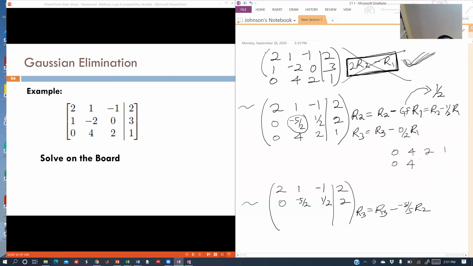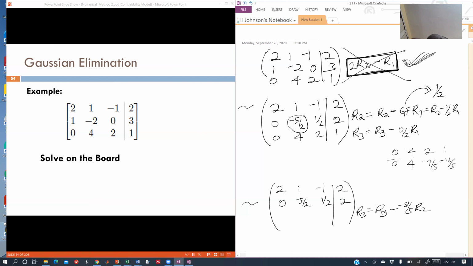Negative 8 on 5 by that will give me negative 4 on 5, and then by this will give me negative 16 on 5.